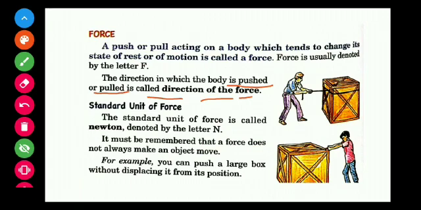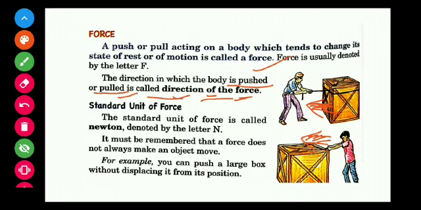In this case, this is the direction of force because this is the example of pulling. And in this case, this is the direction of force because this is the example of pushing.